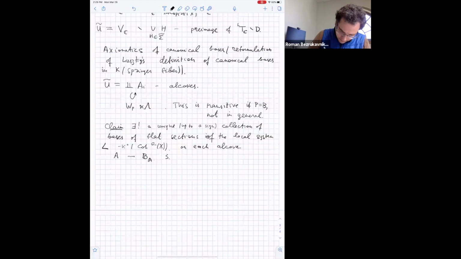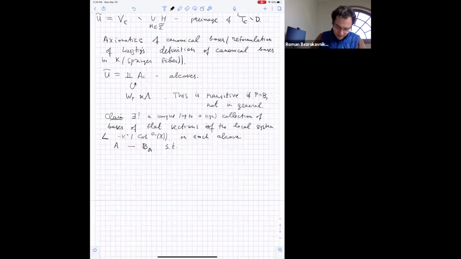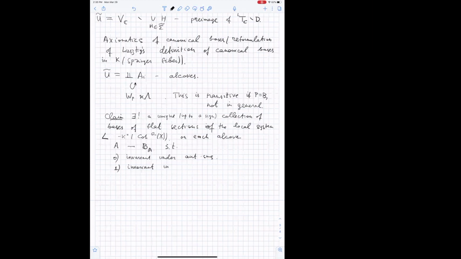And so the characterization is, there are several properties. They are invariant under automorphism. So this is some non-surprising axiom. Roma, would you be able to clarify automorphisms of what?